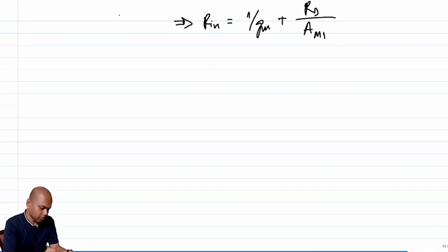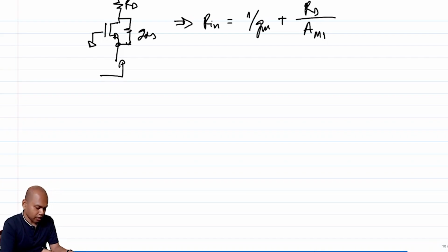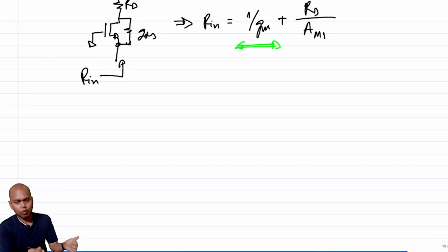So this is important, so I'll just sketch it also. In the presence of channel length modulation, a better approximation of Rin is 1 over Gm, which I am anyway supposed to get because I am looking into the source, but plus an additional term.